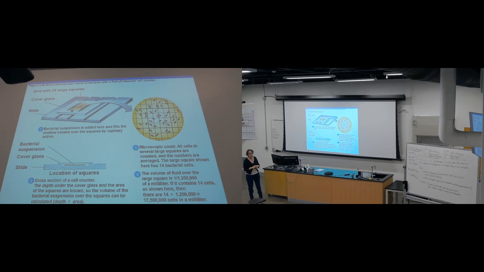And this cover slip on the top has grids. So it has these little squares and then these large squares. That is the area that will be used to calculate the number of bacteria you see when you put your sample under the microscope.